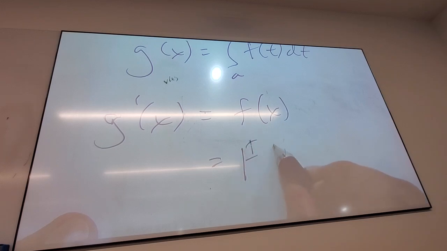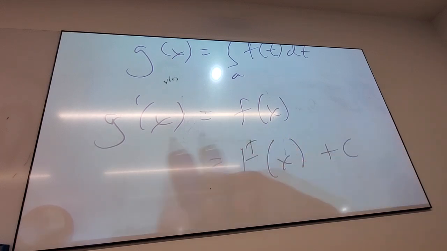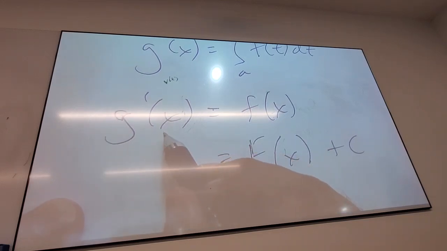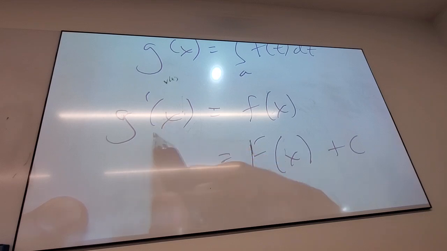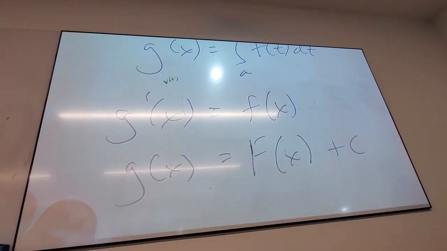Big F, yes, thank you. Now, what's missing? Plus C. Now, if I took the antiderivative of this side, I better take the antiderivative of that side. Can everybody see this is not big G? Why is this not big G? Because it isn't G. So what's the antiderivative of the derivative of G? G.